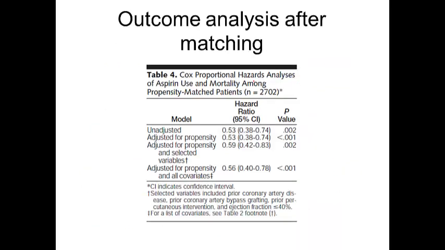After they selected a subgroup of the matched cohort, they did not really have to do adjustment, although they conducted analysis including propensity score, propensity score plus selected variables, or even propensity score plus all covariates.